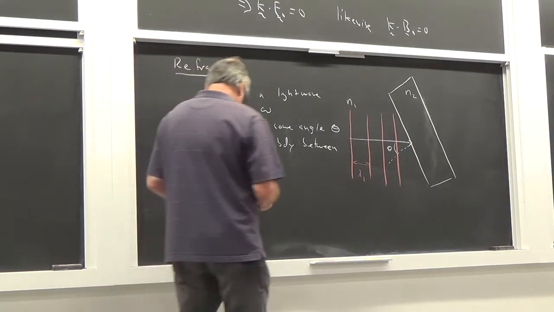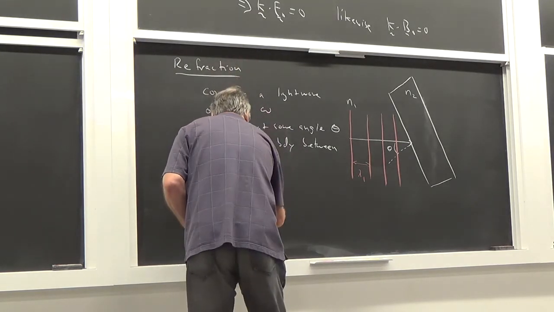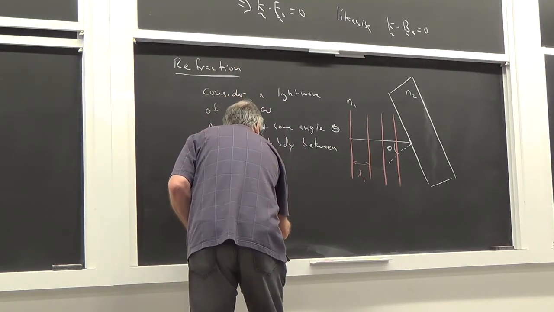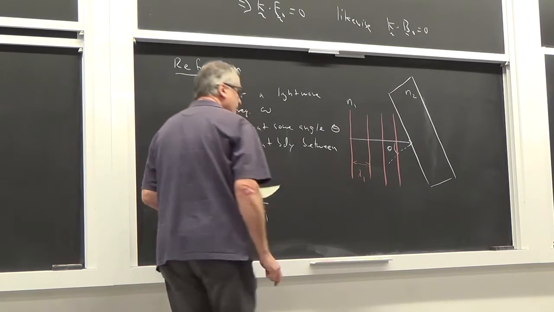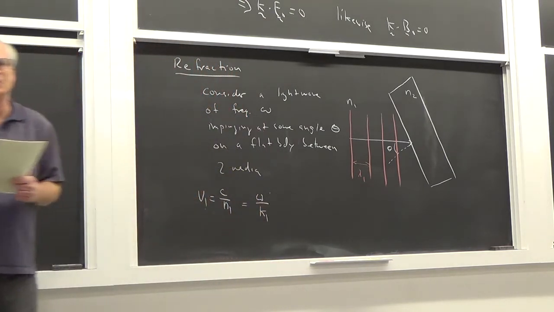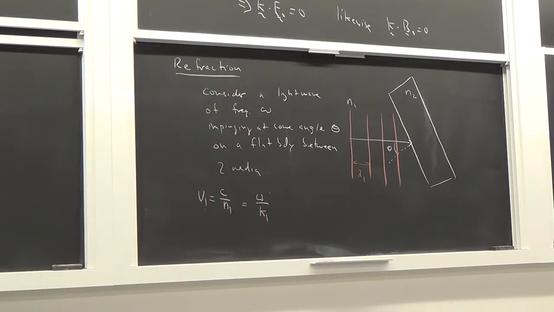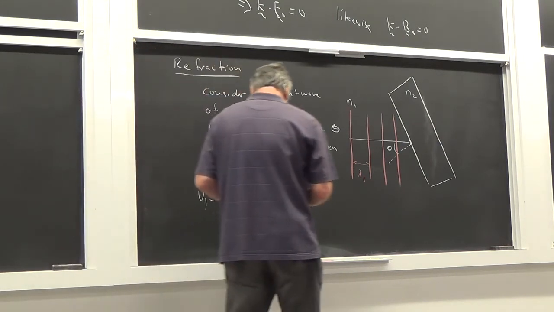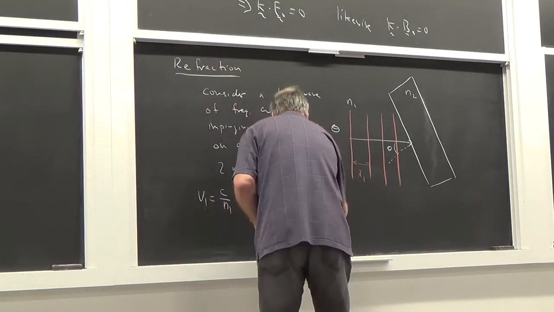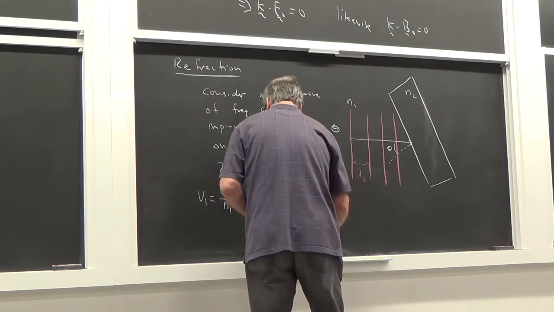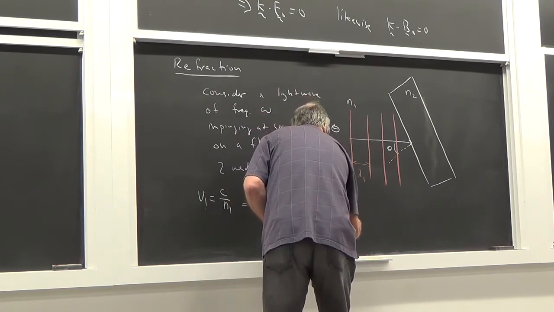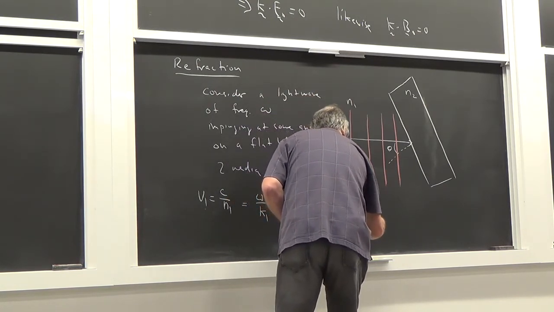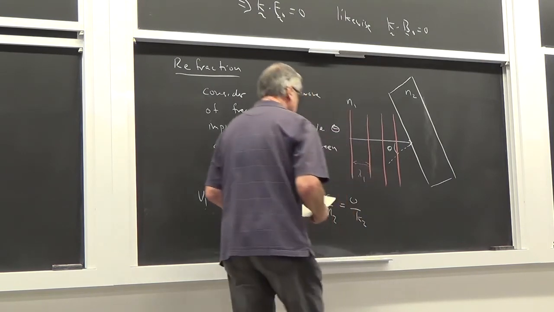Okay. And so this is equal to omega divided by K1, the wave number in medium 1. So K1 is just the magnitude of the K vector in region 1. And likewise, V2 is c over n2, is omega over K2.